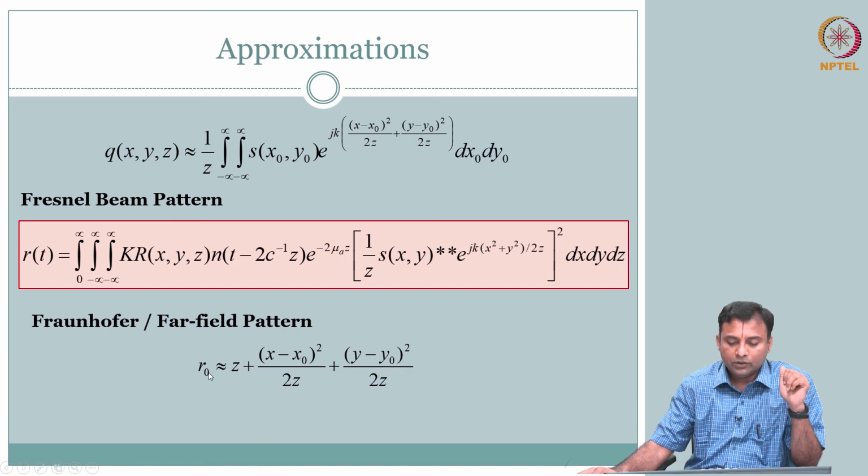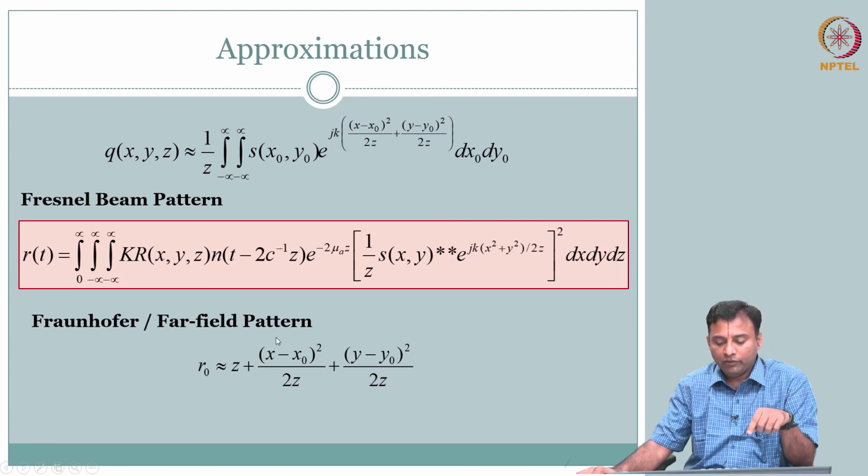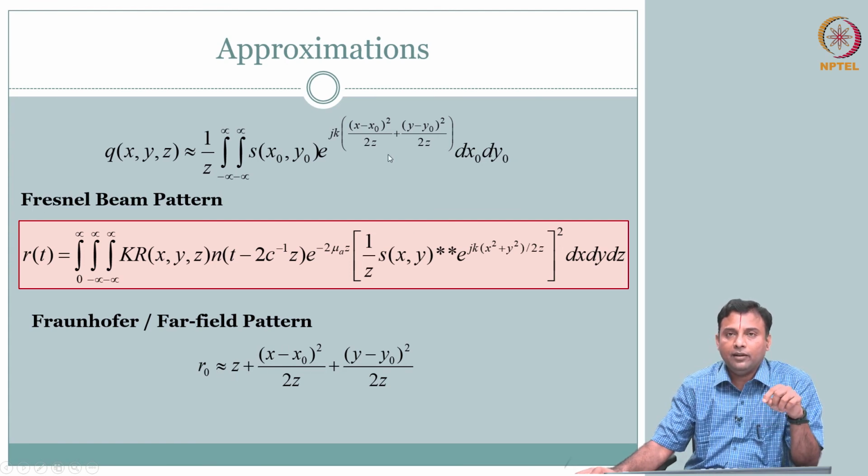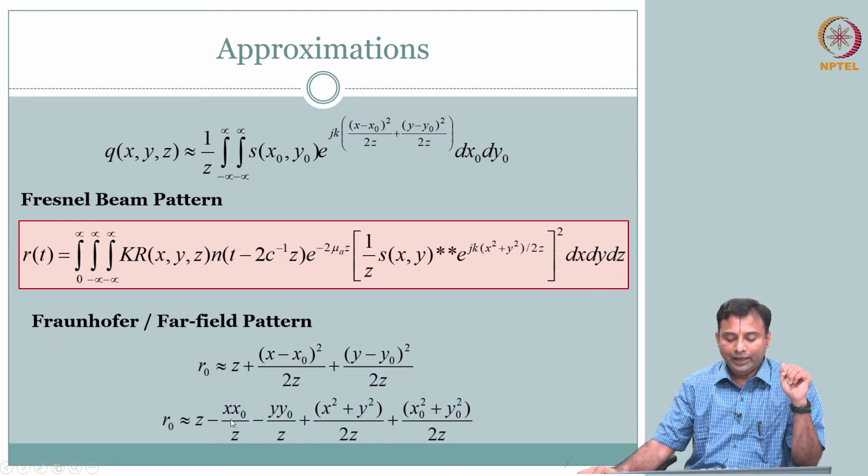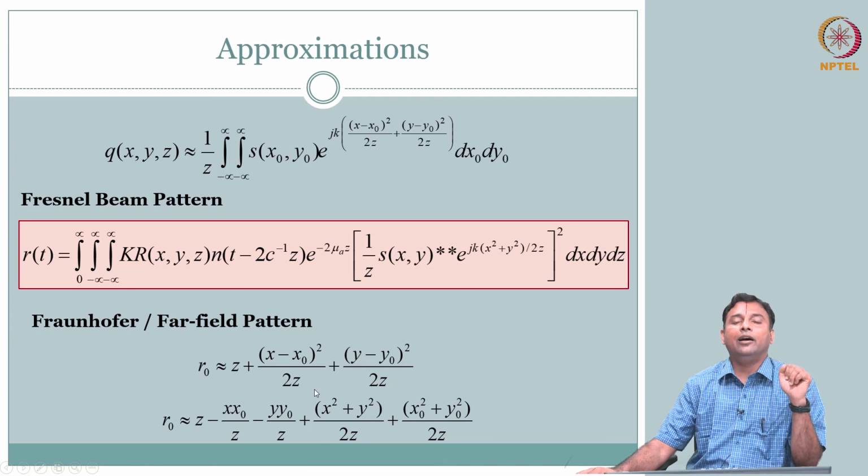So this is what we had, this r naught minus z, so this went out and we were left with this term in Fresnel. So now we go back to the same square root we had. We would like to expand this further. When you do that, you have x minus x naught by 2, y minus y naught by 2 and these terms. Okay, so this is another level of expansion that we have done here.